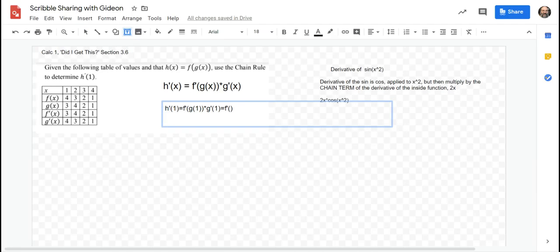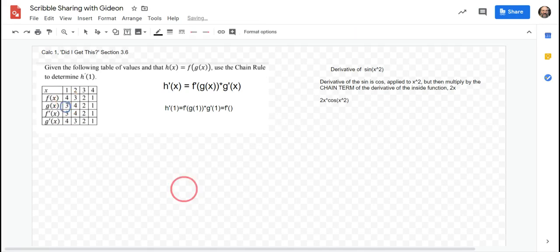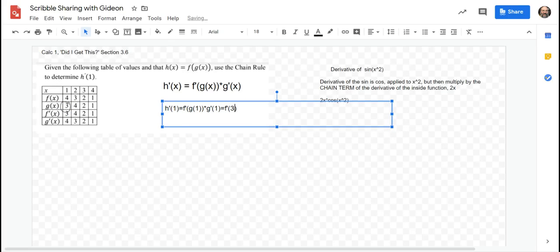We need g of 1. So we need this value here. We need this value here. g of 1 is 3. So g of 1 is 3, so we put that in.